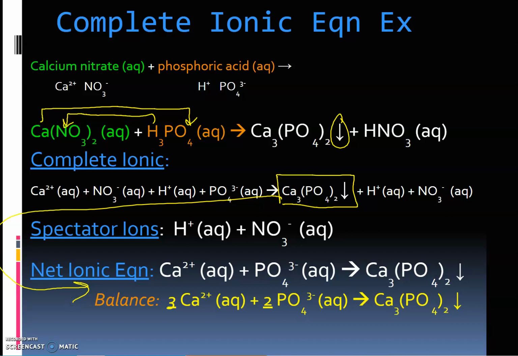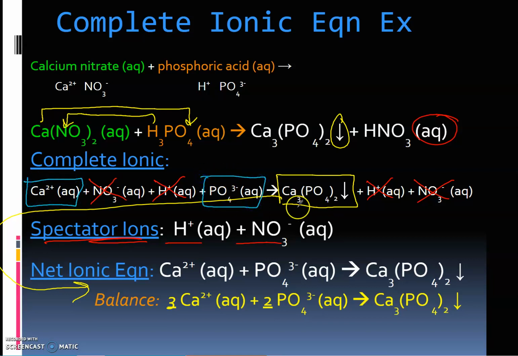And then your spectator ions will be your aqueous product every time. So you can cross out your H+ and your NO3- and just leave what is left behind as your net ionic equation. So that would be your Ca2+ and PO4 3-, making Ca3(PO4)2.